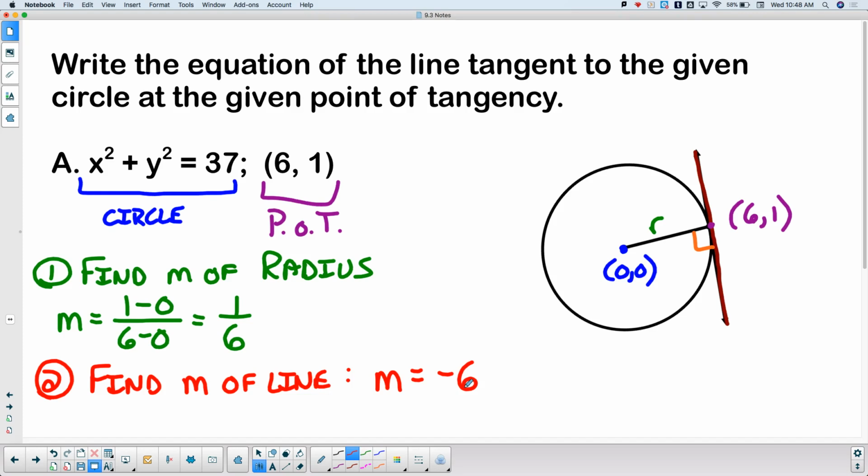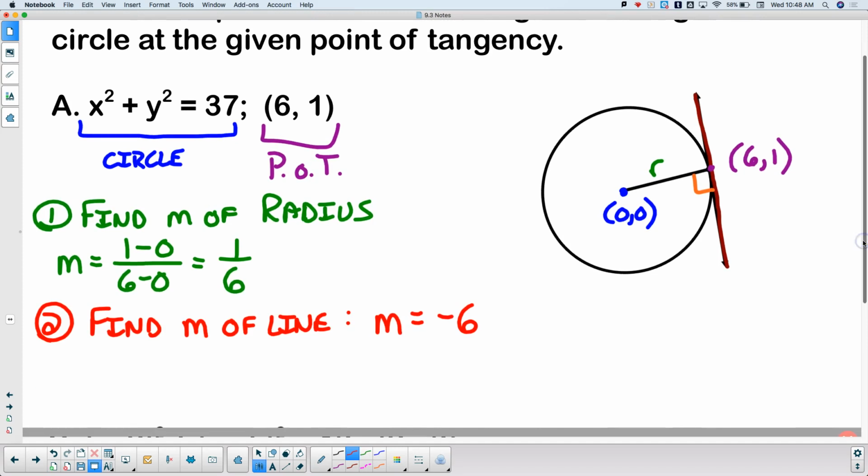Given a point and a slope, point slope form's coming back for us again. Yep. So this would be step number 3, point slope form. Y minus y sub 1 equals m times the quantity x minus x sub 1.